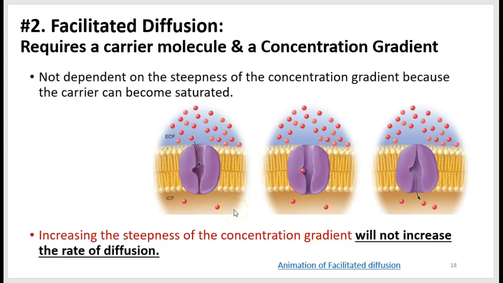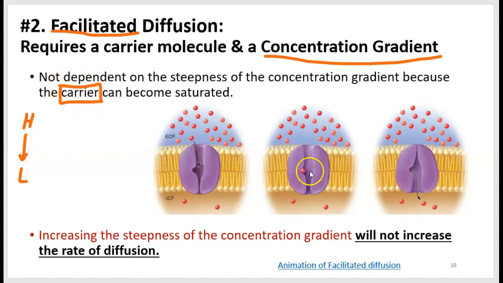Now, facilitated diffusion is not that different. You still have to have a concentration gradient, and the substance still moves from high to low. So a substance is going to go across a membrane from high concentration to low concentration. The difference is that in facilitated diffusion, this is the one example where you have this carrier molecule.